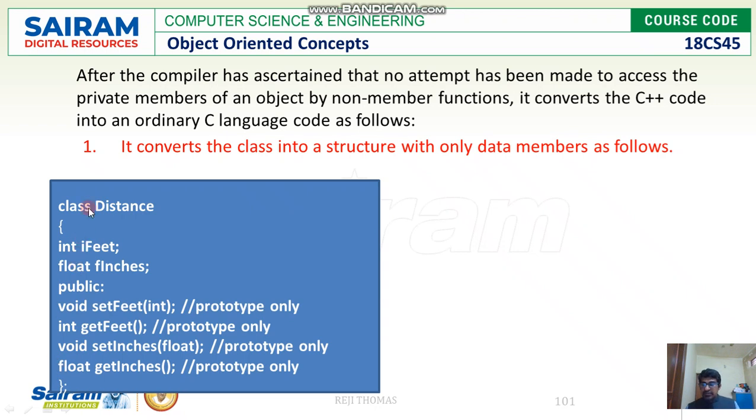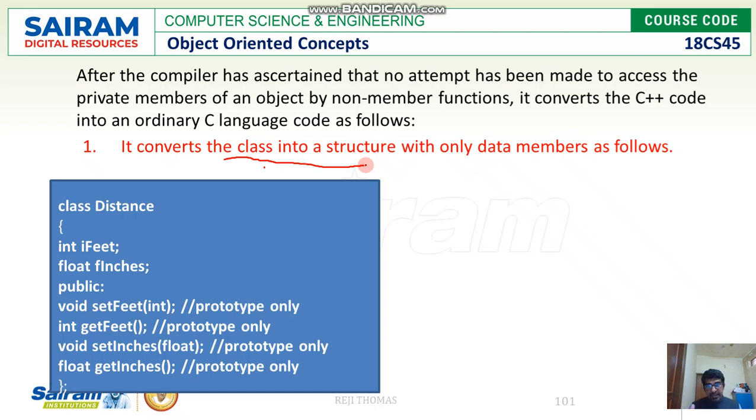The first thing is that it converts your class into a structure. Let me repeat. What happens internally is that every class will be converted into a structure with only data members.